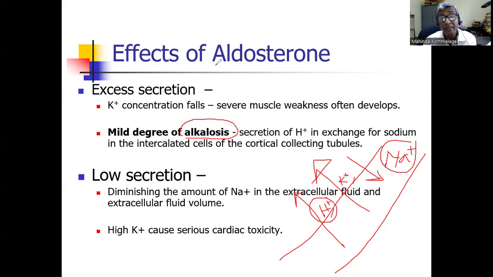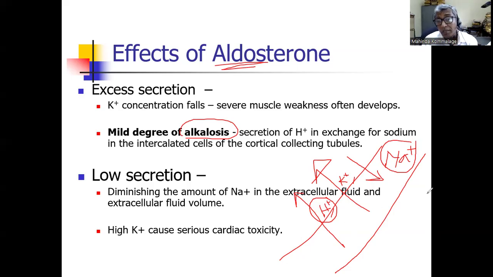So if there's excess aldosterone, potassium level will reduce. At the same time, H plus level can also reduce when sodium is absorbed into the body, because when one sodium is absorbed, either one potassium or one H plus should be removed. Under renal physiology, you will learn this more.